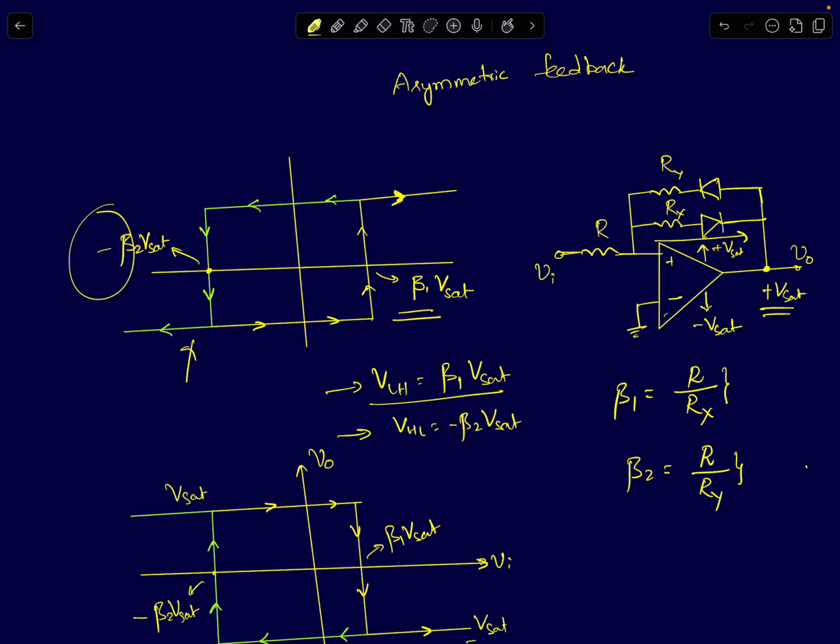You just have to solve for them and find beta 1 and beta 2. Once you know beta 1 and beta 2, the ratio of the resistors gets fixed. You can choose the values of the resistors to be different, but as long as they meet the ratio, you will have the desired threshold voltages.